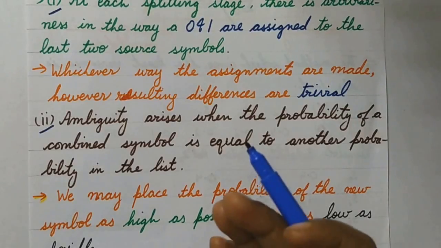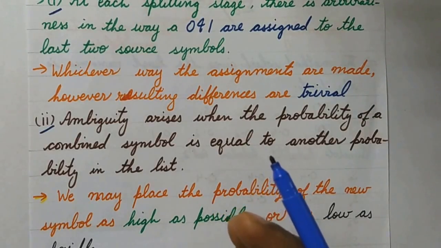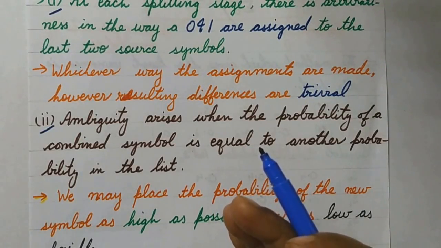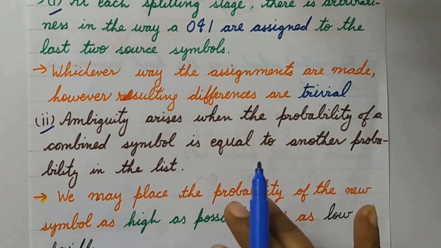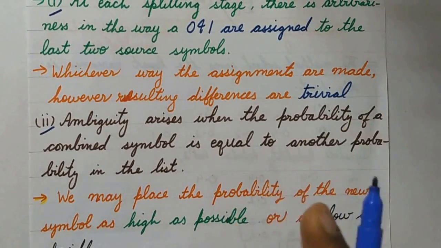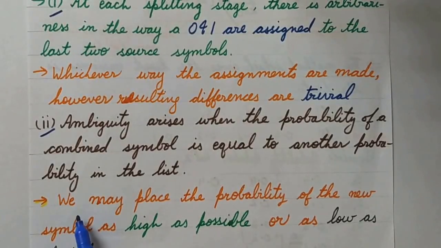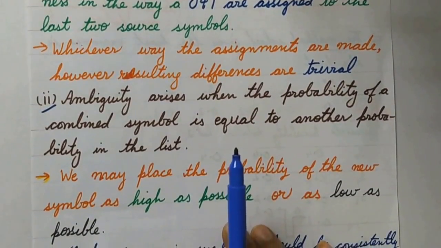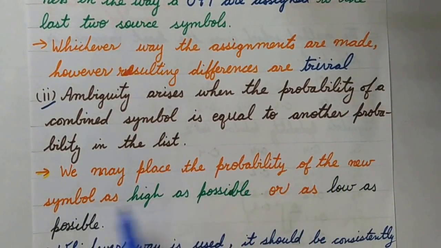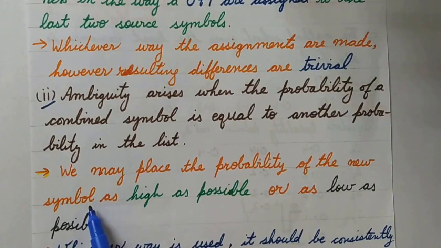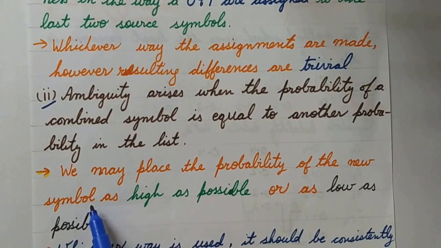Either above the existing value of the probability or below. It depends where we have to put. Like here, we may place the probability of the new symbol. New symbol means the added value of the probability.